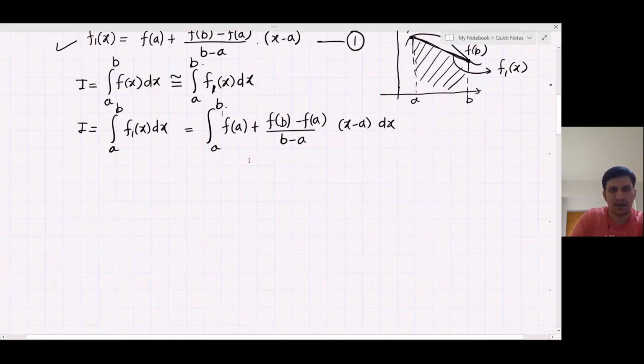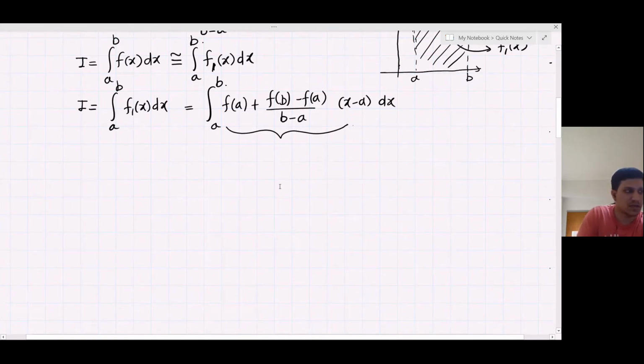So let me simplify this integrand further so it is easily integrable.